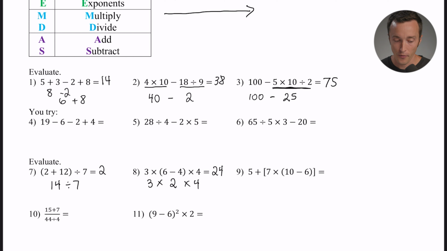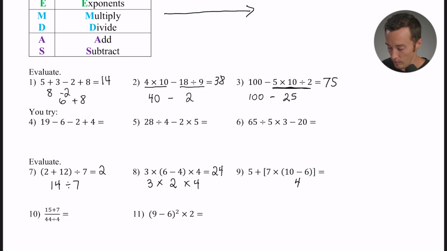If I've got 5 plus 7 times 10 minus 6, you're going to really start on the inside and see if there's anything on the inside, which in this case, there's those parentheses, the 10 minus 6. Let's just take care of that before we do anything else. So 10 minus 6 is 4.